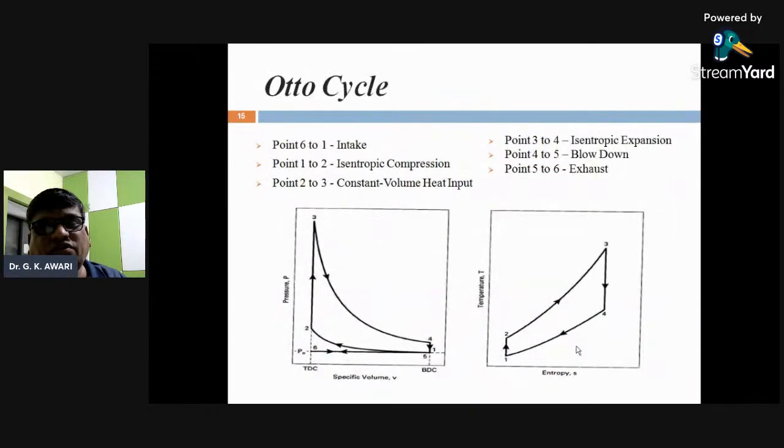In the Otto cycle, you can see here 6 to 1 is the intake. 1 to 2 is the isentropic compression, and 2 to 3 is constant volume heat addition.